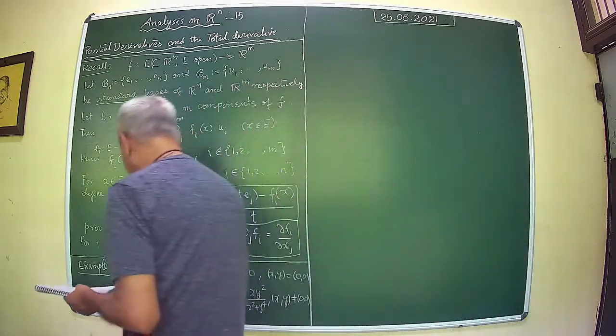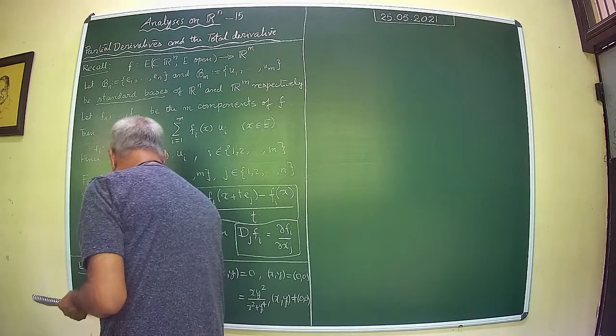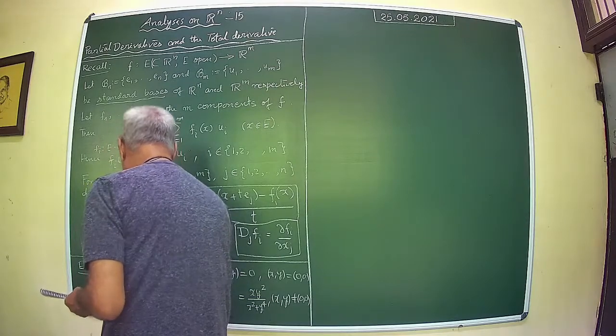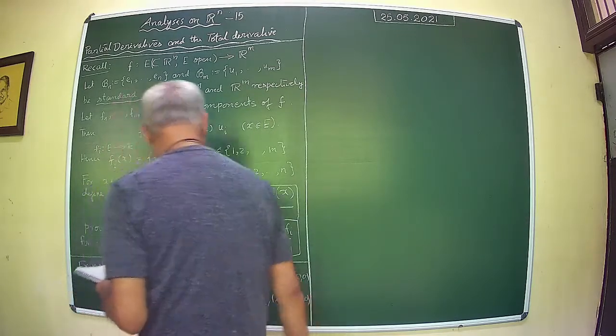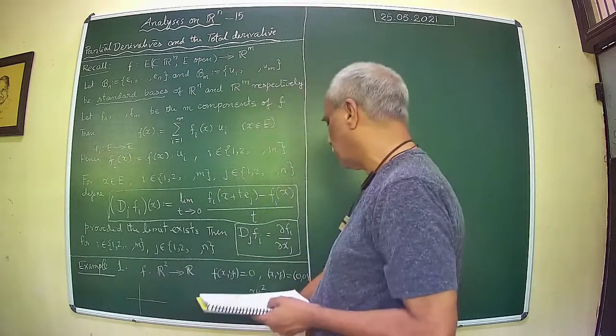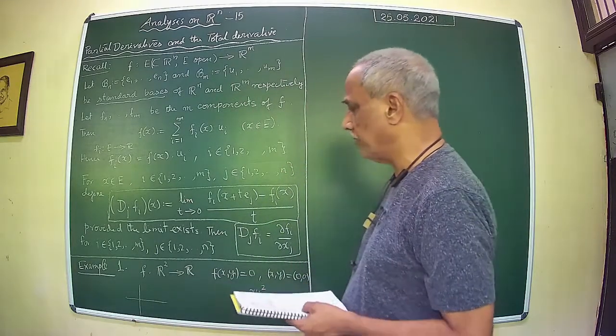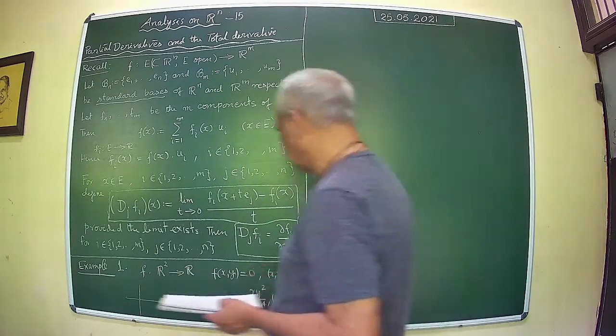So you are defining it in two different ways, one at (0,0) and the other one at other places, because at (0,0) the denominator vanishes. That is why we make a separate definition.